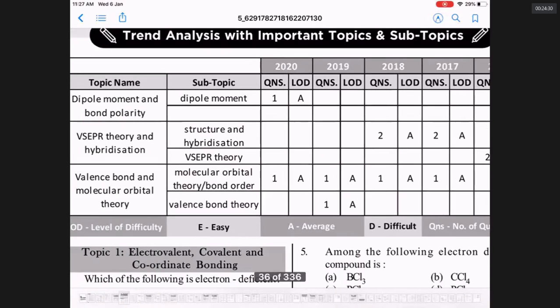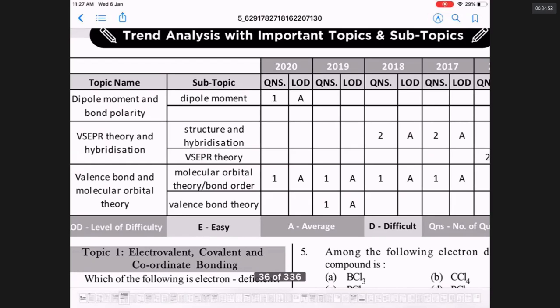In JEE Mains, out of 25, they always ask 1 or 2 questions from this. Because no 2 students get the same paper, and there are so many sessions, 4 sessions in every 6 months. So these questions are a must.